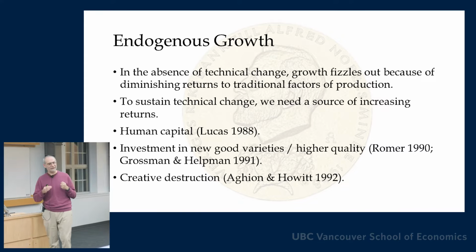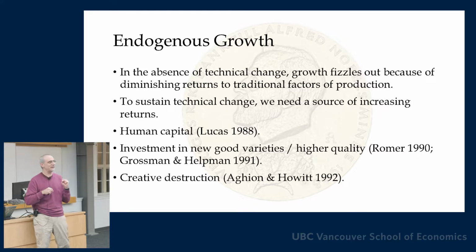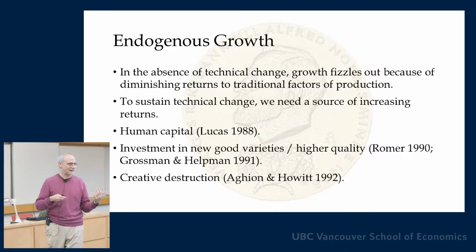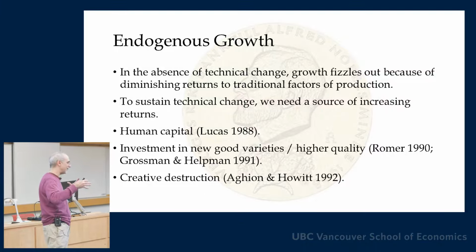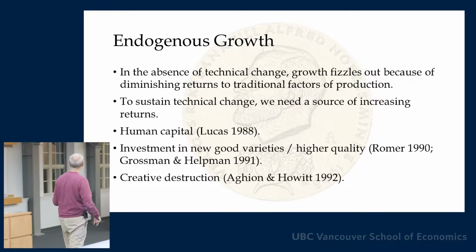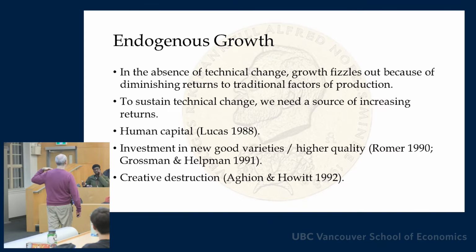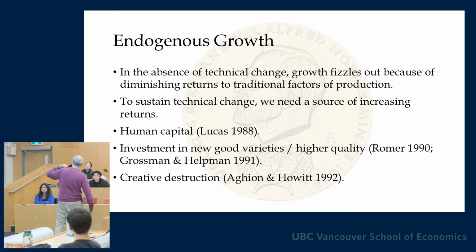And so innovation in the Romer model and in the Grossman and Helpman model takes the form of introducing new varieties and carving out a slice of an existing market, okay? And because innovators get tiny monopoly rents, monopolistically competitive rents, that's their incentive to enter. And by doing so, they expand the product scope and they increase social welfare because we like varieties, right? So endogenous growth comes from there, from monopolistic competition and from the increase in varieties.